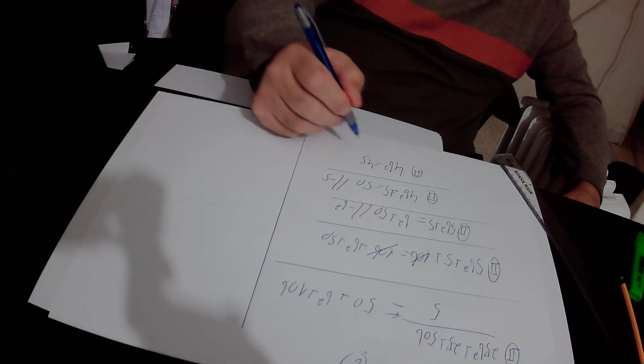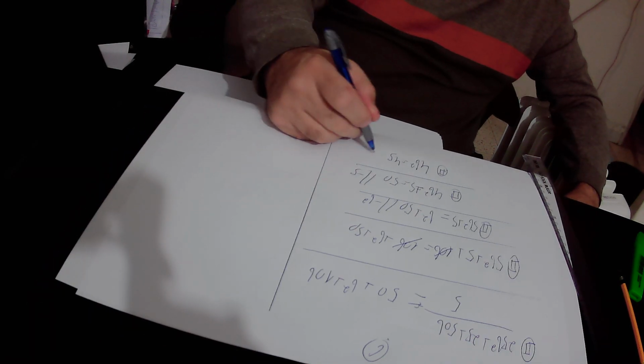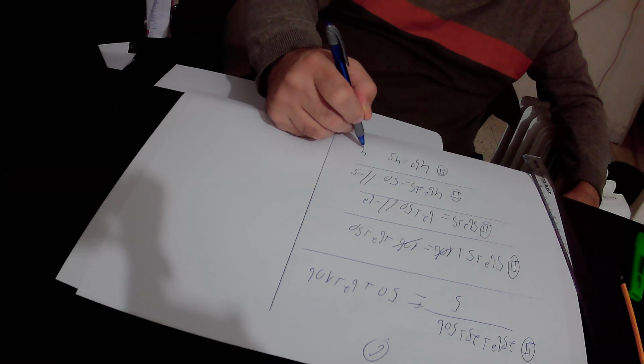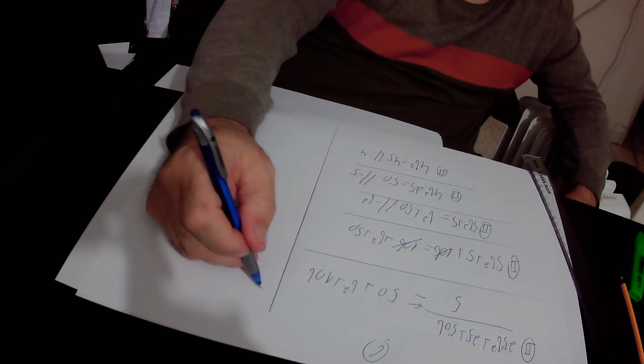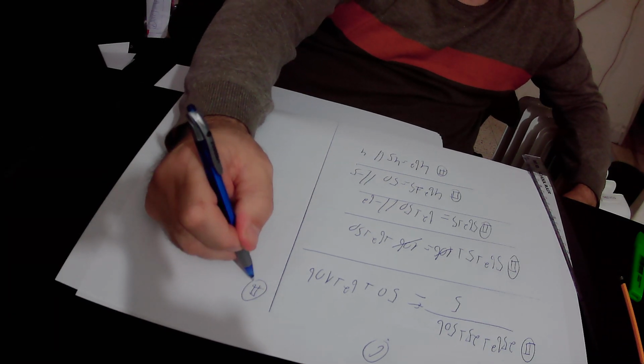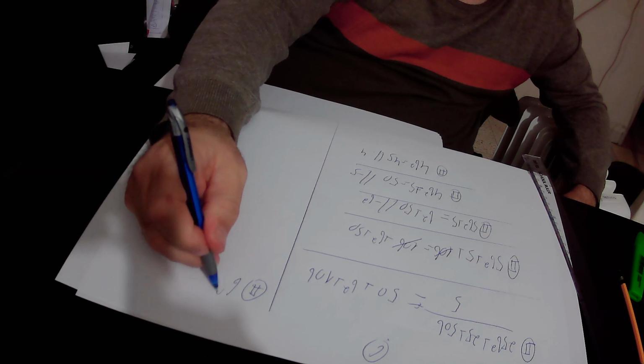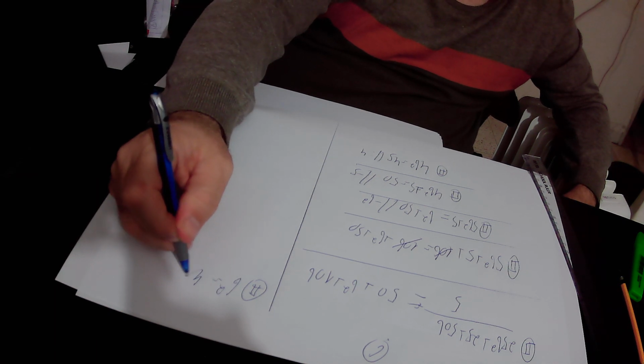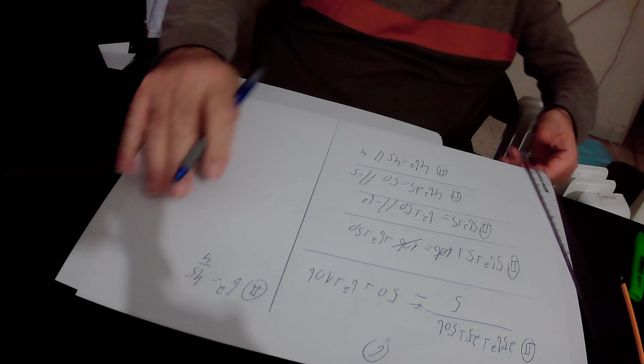So 4b squared equals 45. Here we divide equation number 2 by 4. And finally we get that according to equation number 2, b squared equals 45 over 4.